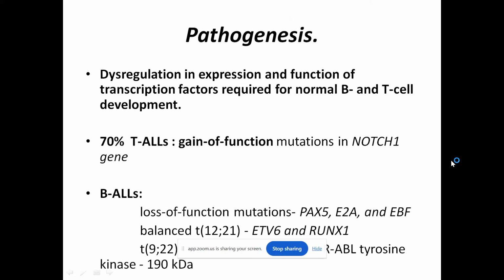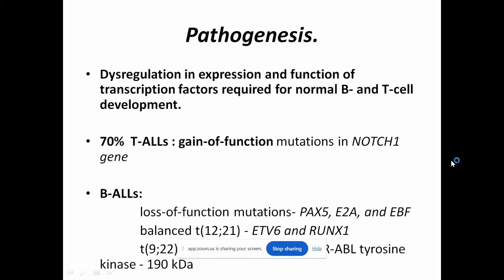So what is the pathogenesis producing acute lymphoblastic leukemia? There will be dysregulation of the expression and function of transcription factors. These factors are required for normal B and T cell development, so whenever there is a dysregulation, they produce leukemia.